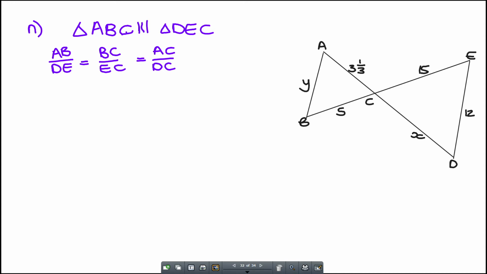AB sê hulle vir my is A, DE is 12, BC is 5, EC is 15, and then AC is 3 1/3, and DC is X.